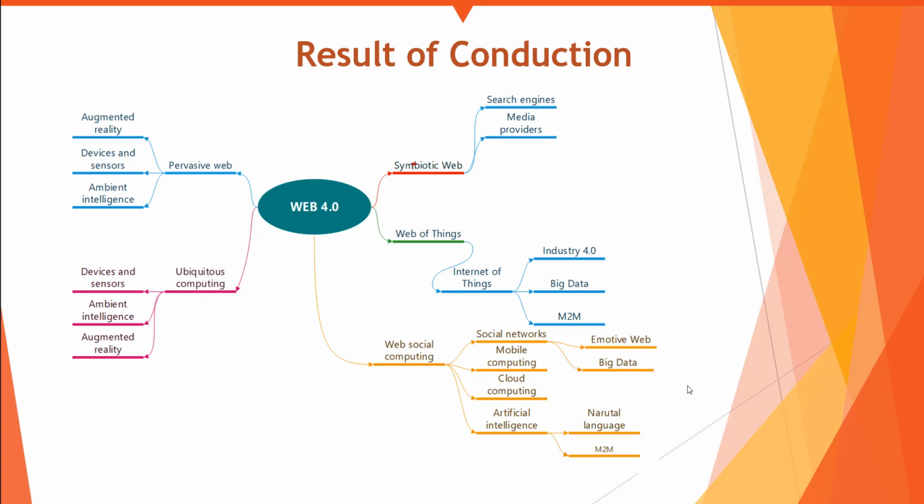Some of them connect with each other. For example, web social computing is the social network. It includes big data, but the Internet of Things also includes big data. And artificial intelligence includes ML, and the Internet of Things also includes ML.